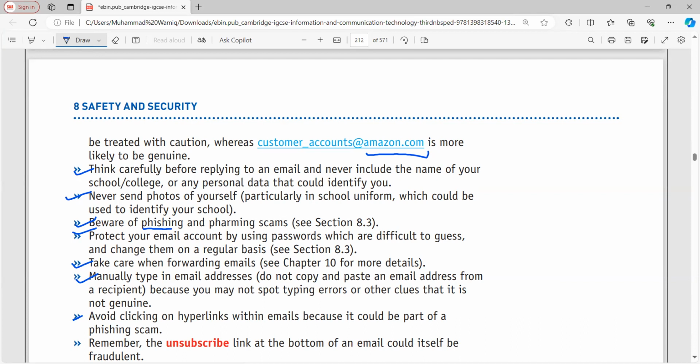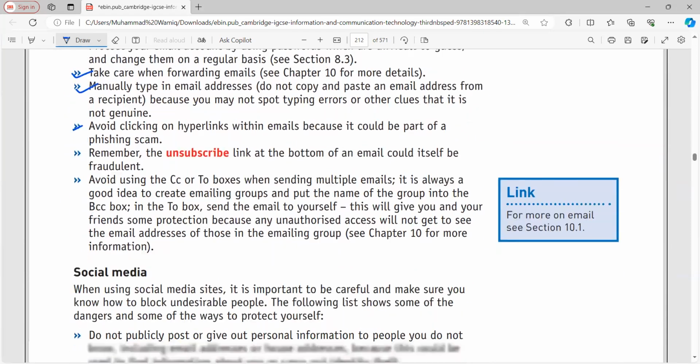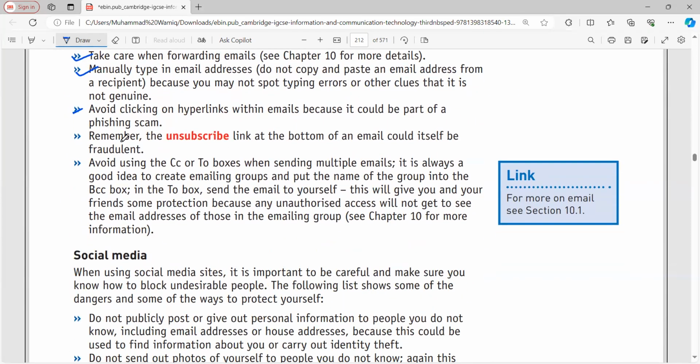Hyperlinks are those which, when I click on them, take you to another site. You should also remember to unsubscribe using the link at the bottom of an email if that email is fraudulent or no longer useful to you. You should avoid using the CC or To boxes when sending multiple emails. It is always a good idea to create a group, and into that group you can send all of the emails in one place.